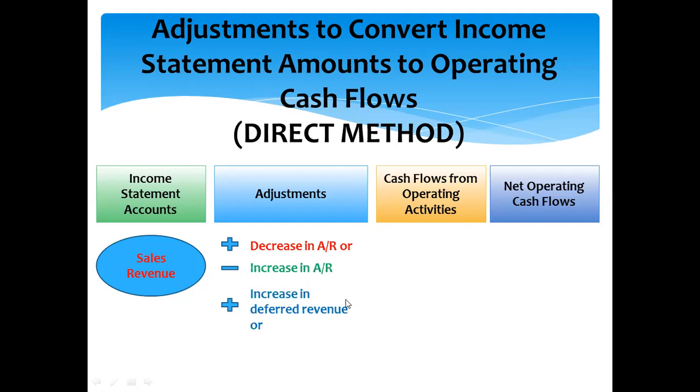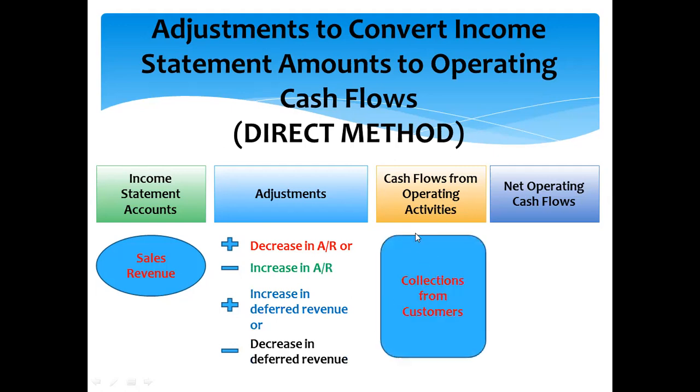Add if there's an increase in deferred revenue, or deduct if there's a decrease in deferred revenue. So that's collections from customers. These transactions, you label them as collections from customers in the cash flow. And that's the net operating cash flow, that's cash inflows from operating activities.